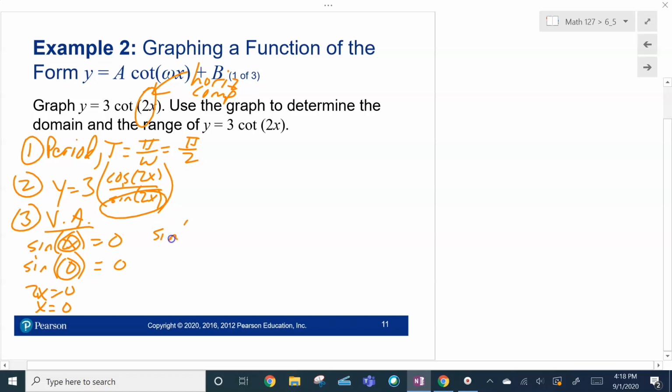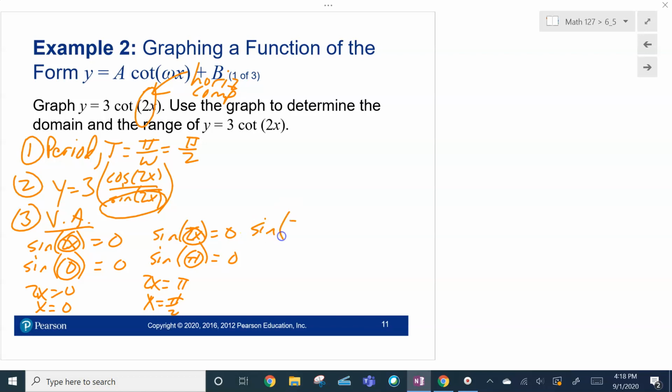We also know the sine of pi is 0. What x value causes that? Divide by 2 on both sides, pi halves. We also know the sine of 2 pi is 0. So what x value am I going to plug in to make this undefined? Divide by 2, pi. Right, so it goes 0, pi halves, pi, 3 pi halves, 2 pi, and so on.